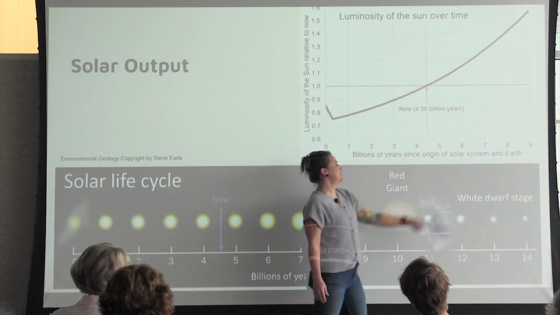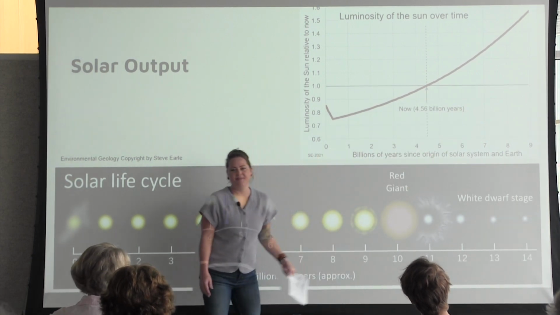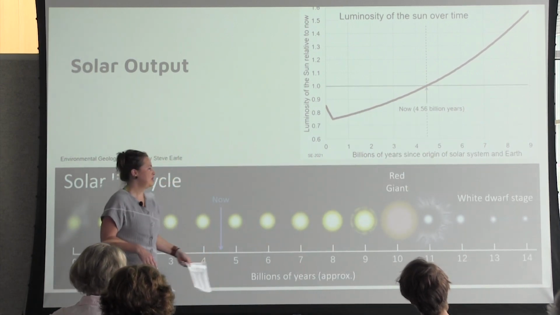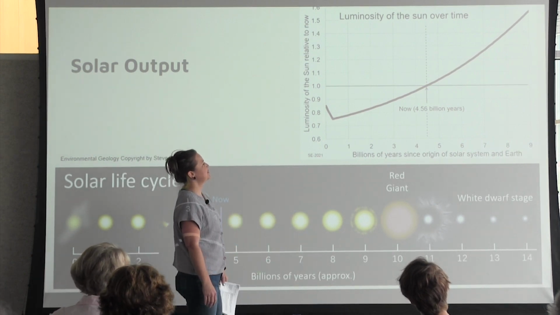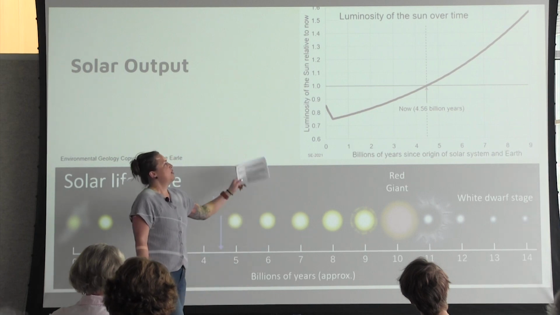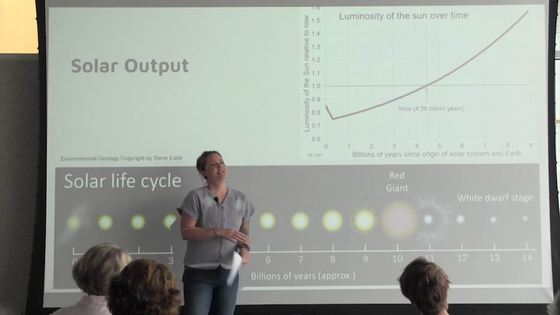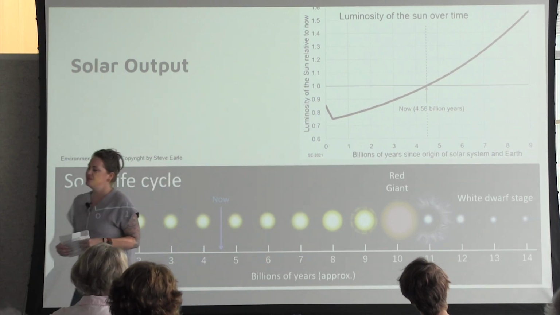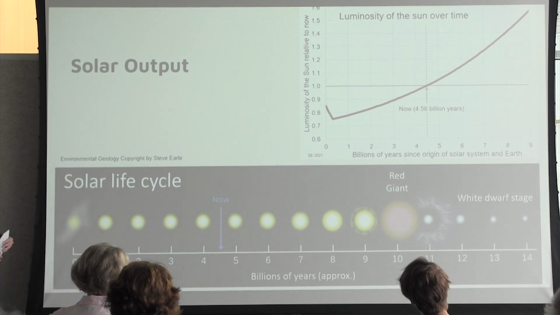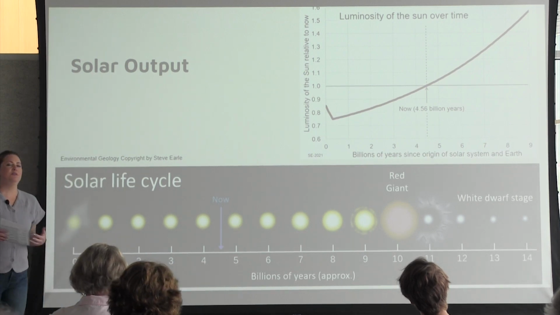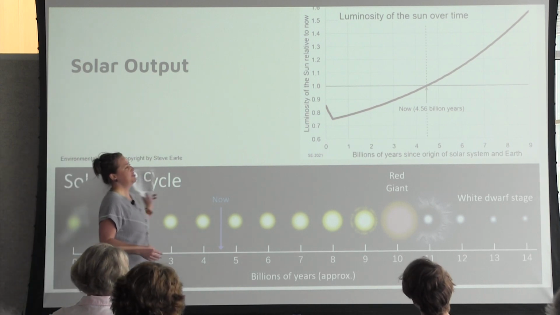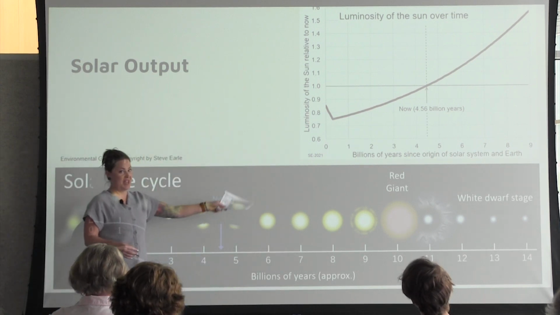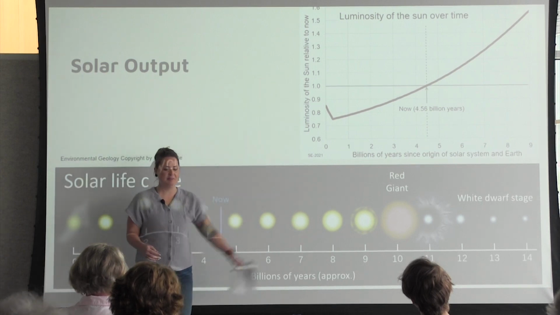And it will continue to change until we get to the red giant phase, and then Earth will be destroyed by the sun. So we don't have to worry about it past 10 billion years from now. But basically what I want to say is I know solar output is sometimes brought up by climate deniers, and while no, it doesn't make a huge difference in our own human lifetimes, when we look at geologic time over the whole thing, it can make a pretty big difference.